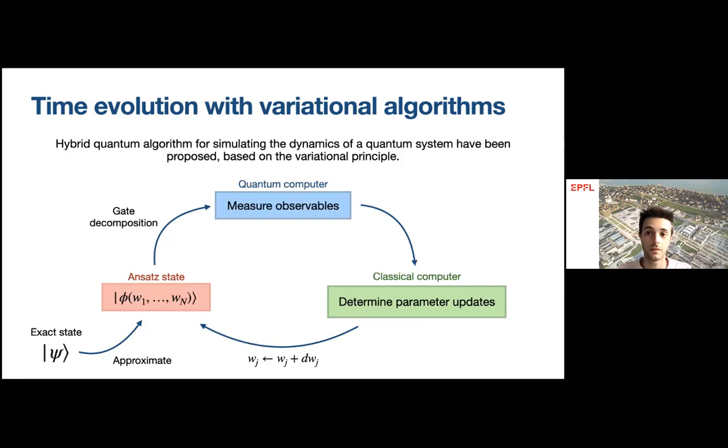And the way it determines this is different from algorithm to algorithm, and is based on whether we are looking for the ground state or the time evolved state. They are pretty different algorithms. So this is the main structure, but all the algorithms are different in some way.